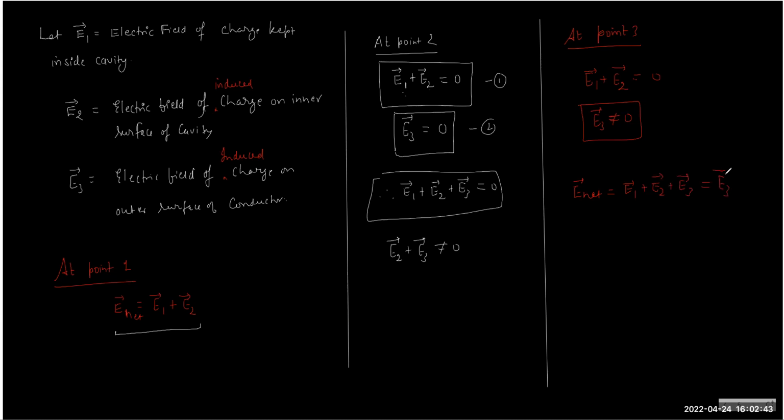It itself is equal to E3. So the sum of these two is 0. Yes. So the net field in the third region will be E3 itself. This is what we have to keep in mind.